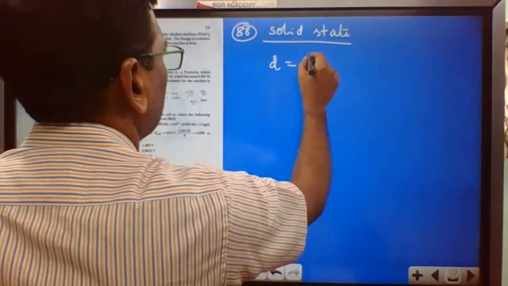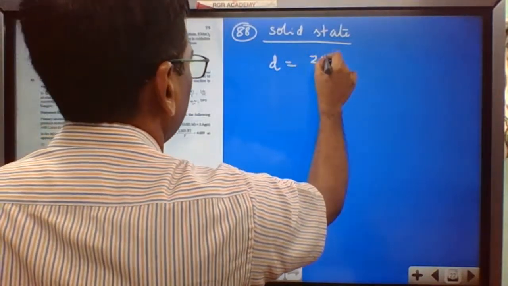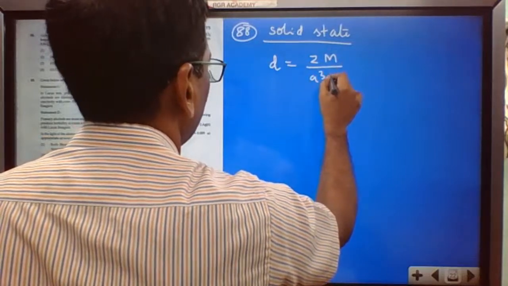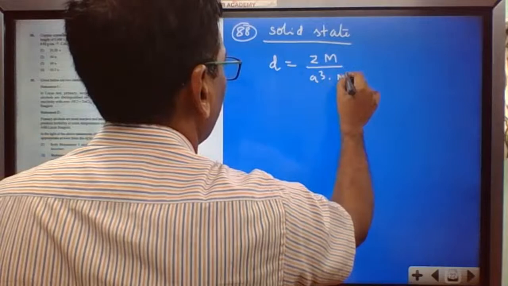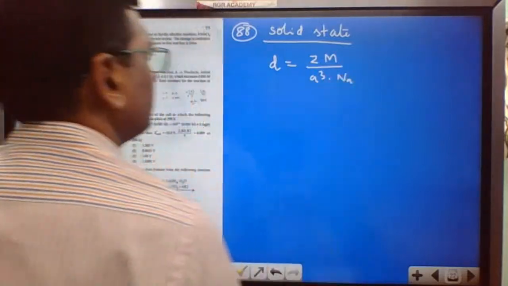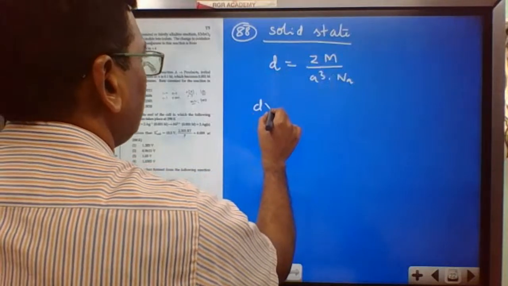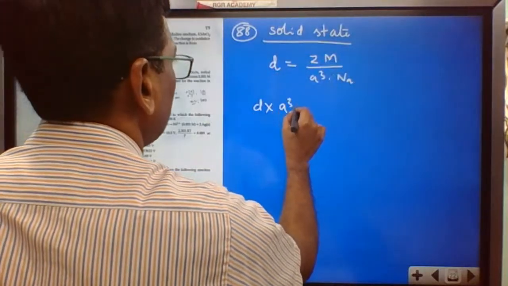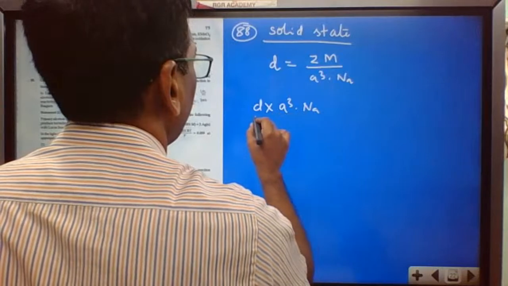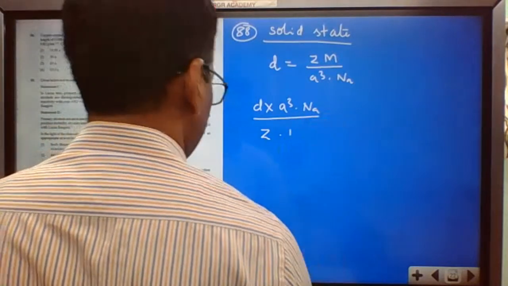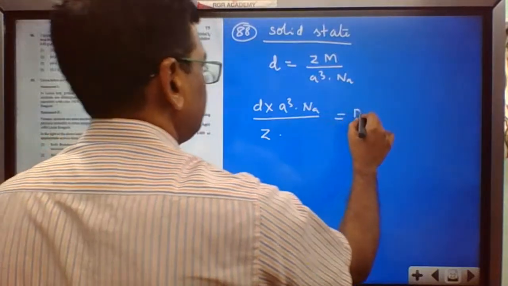D is equal to Z into M divided by A cube into Avogadro's number. So D they gave, we want to find out M. D into A cube into NA divided by Z is equal to M.